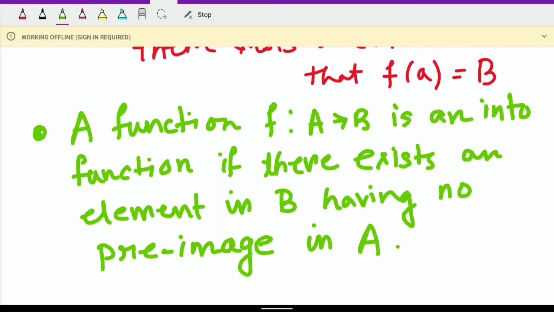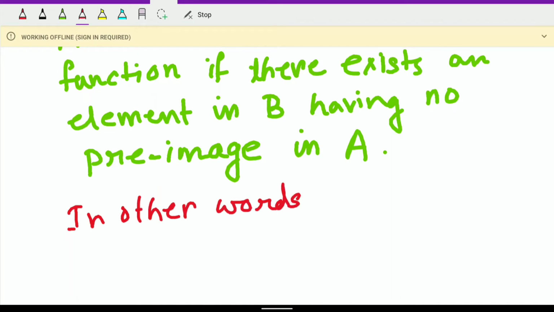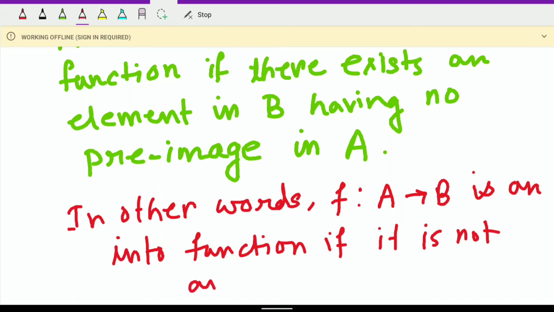Or you can say, as simple as that, a function is an into function if it is not an onto function. So in other words, f that maps A to B is an into function if it is not an onto function.